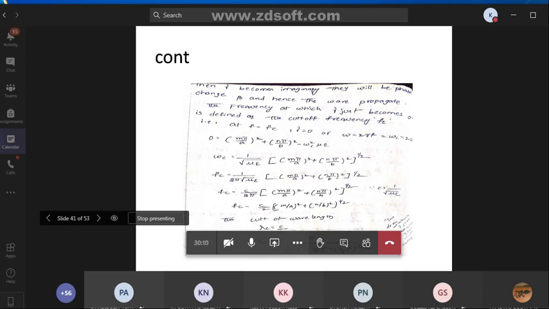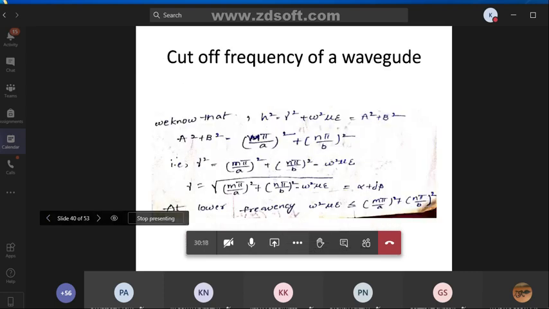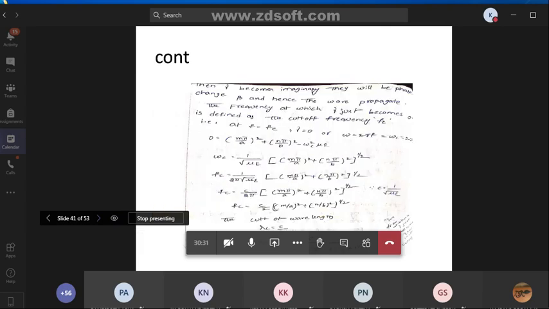And we know that omega equal to 2 pi f. See here, in this equation, substitute gamma equal to 0. So (m pi by a) whole square plus (n pi by b) whole square minus omega square mu epsilon equals 0.